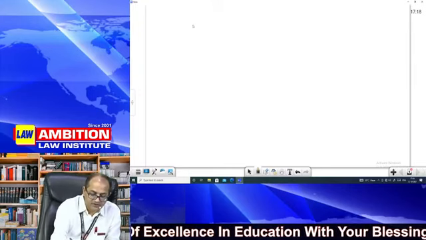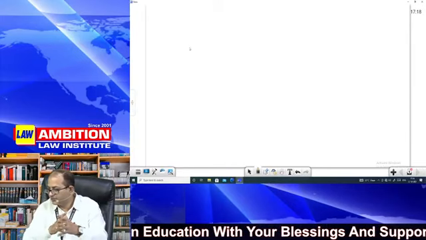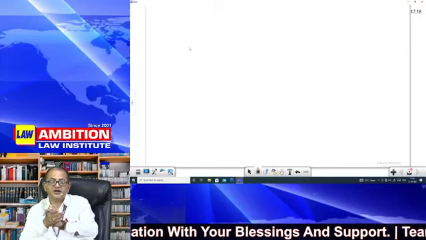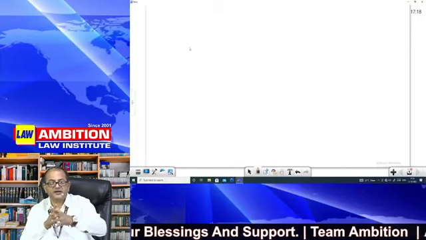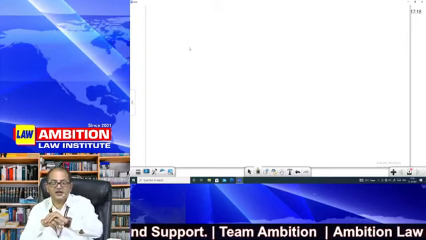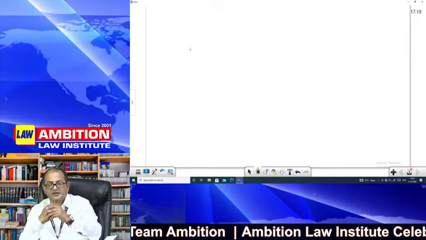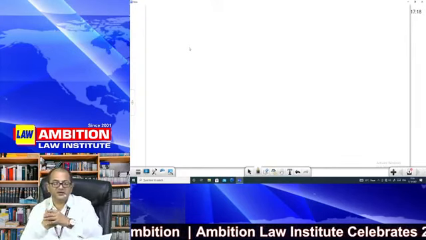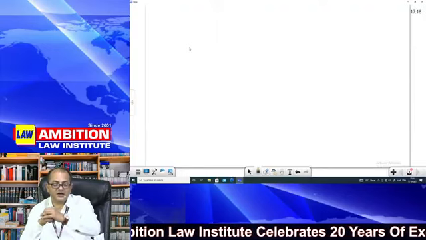So see how this CPC is written. I must have told you, and if I have not, let me share this idea again: generally in all acts you'll find that in the beginning they give an introduction and then a definitional clause, which is also called a legislative dictionary. In that legislative dictionary, they will explain certain words at the outset because they'll be using those words in the entire act.